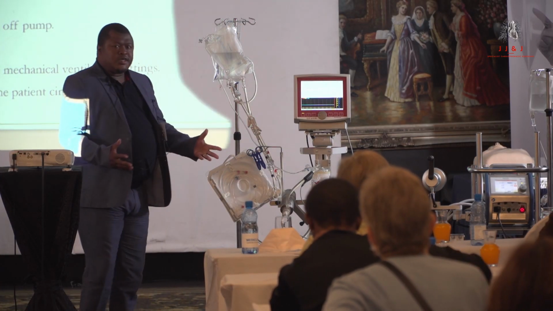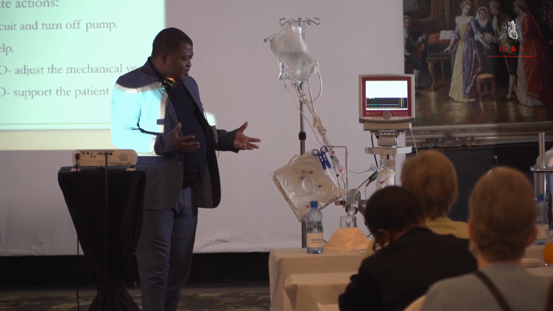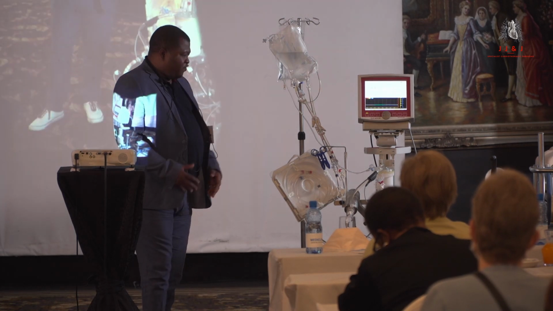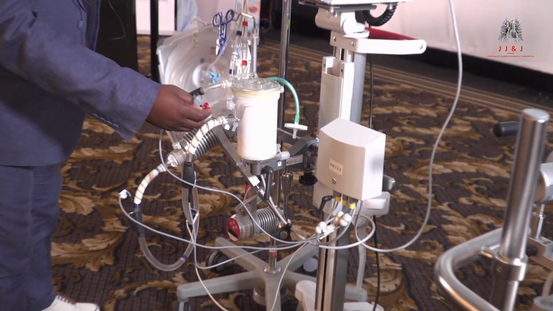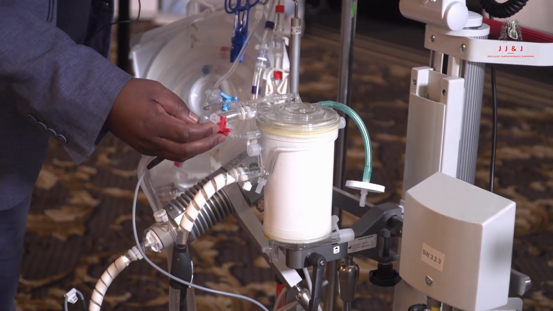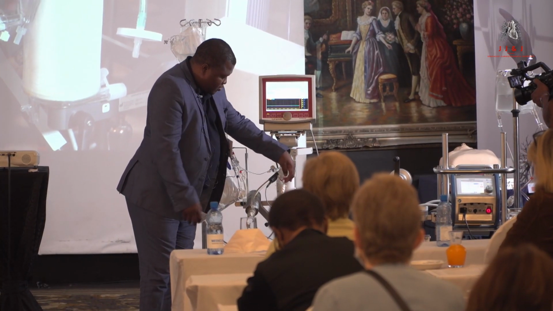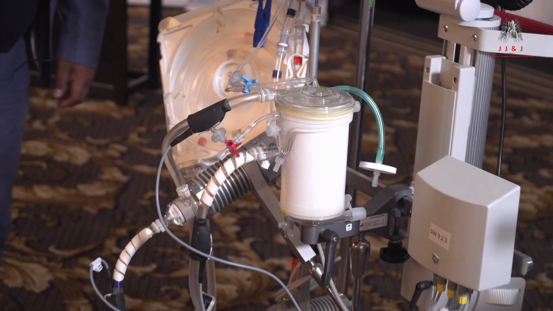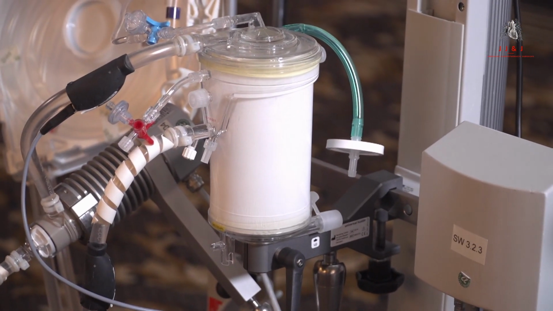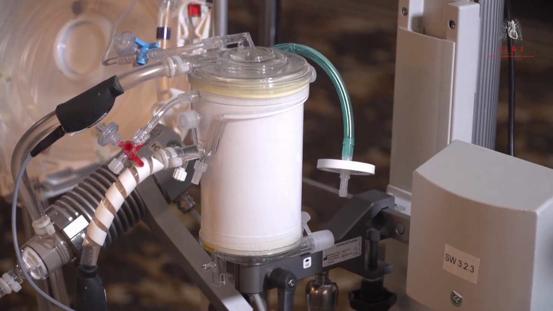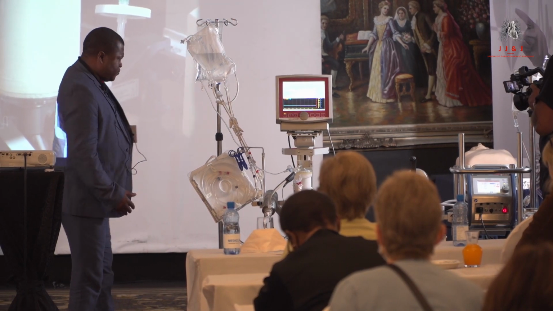Then you call for help and see where the breach is. If you look at this oxygenator system, the caps may be open. That is easy; you can just close the caps. If the breach is here, where there's a luer lock on the system, that's a bit difficult, and you're going to have to try to fix it or change the circuit itself.